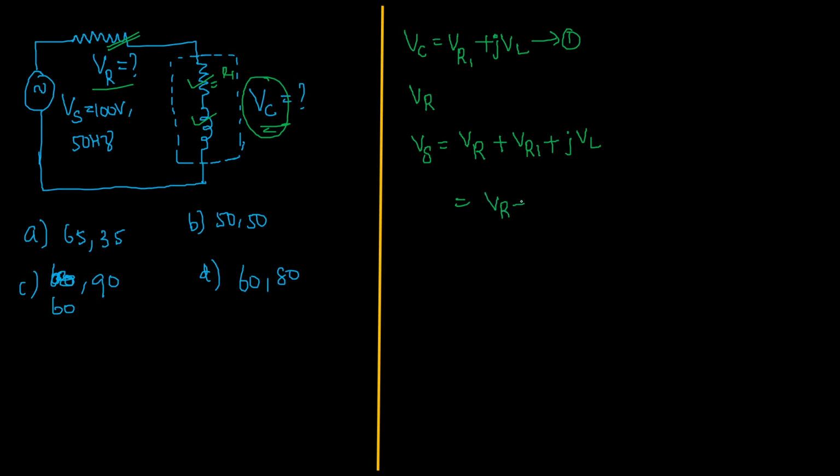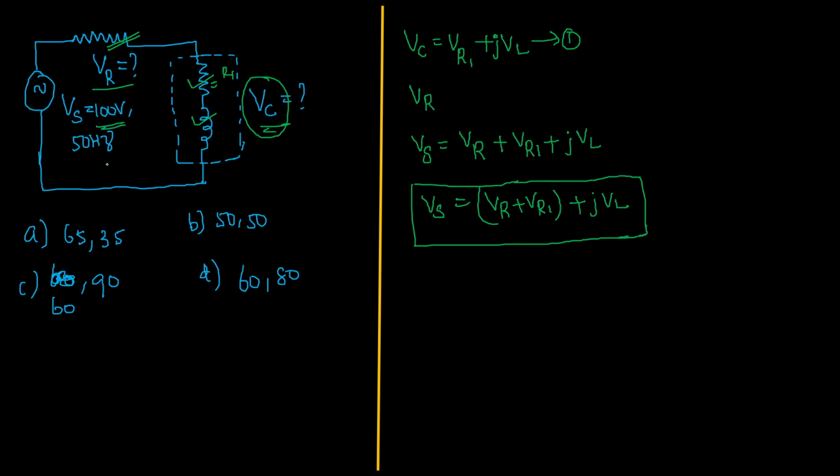So the real part can be written as VR plus VR1, whole will become the real part, plus j times VL. This is how we are writing the supply voltage. So basically the supply voltage can be written in two formats, one in polar form, another in rectangular form. Given it is in polar form, 100 volt means simply 100 at an angle of 0 degrees.